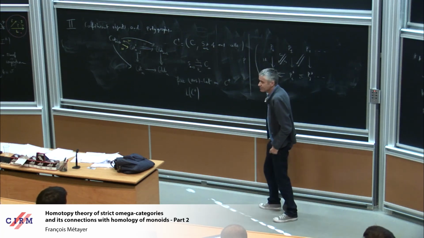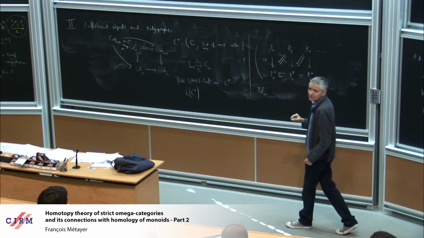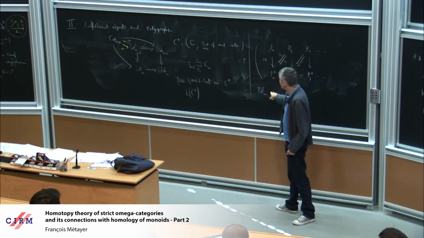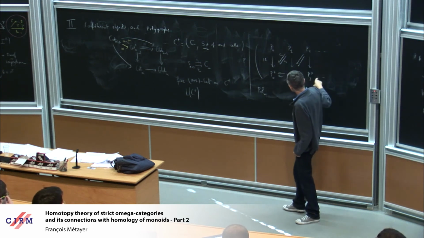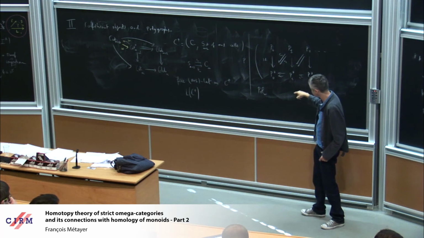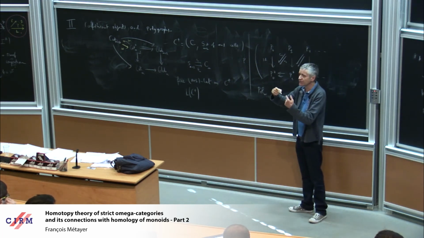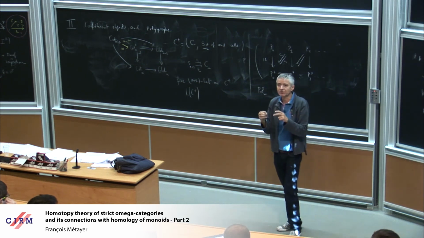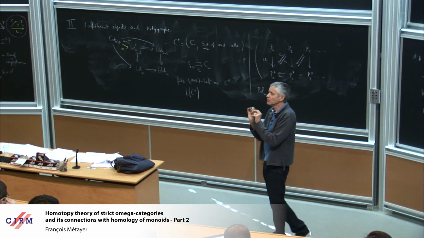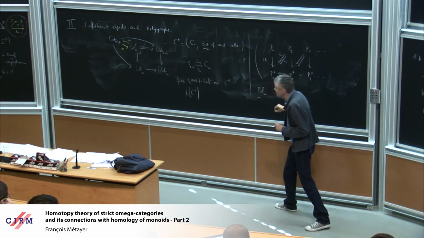Okay, so Pol omega, the category of polygraph, is the category whose objects are these diagrams here with all conditions, and morphisms send generators to generators. So it's a very rigid notion of morphism. So that's the category polygraph.